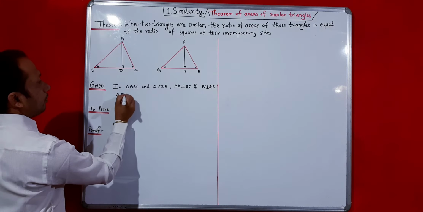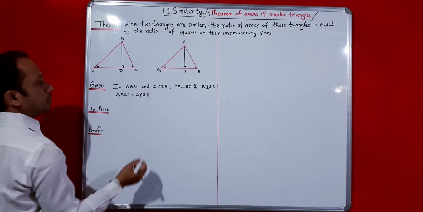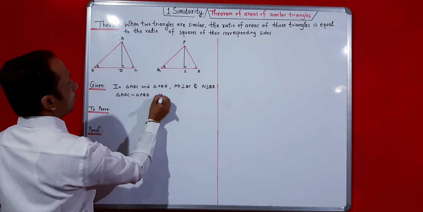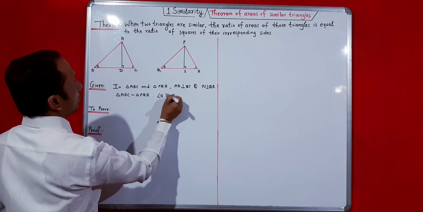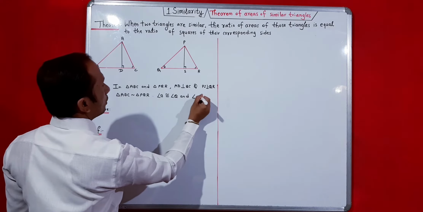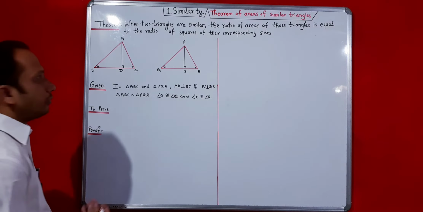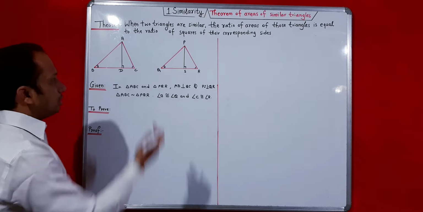Triangle ABC is similar to triangle PQR, this is also given. Therefore angle B is congruent to angle Q, and angle C is congruent to angle R. These are the given things; you can write in your own ways.